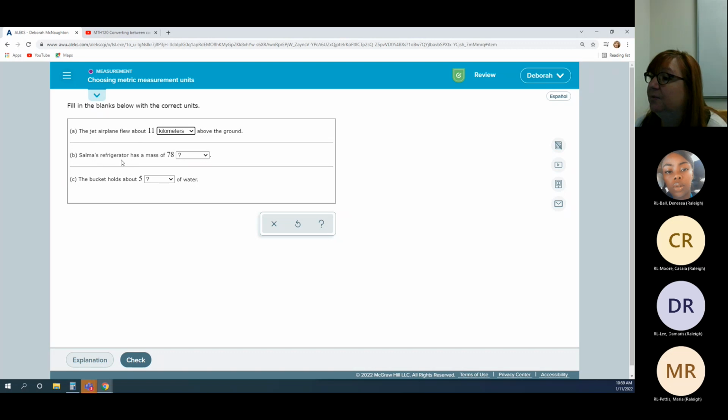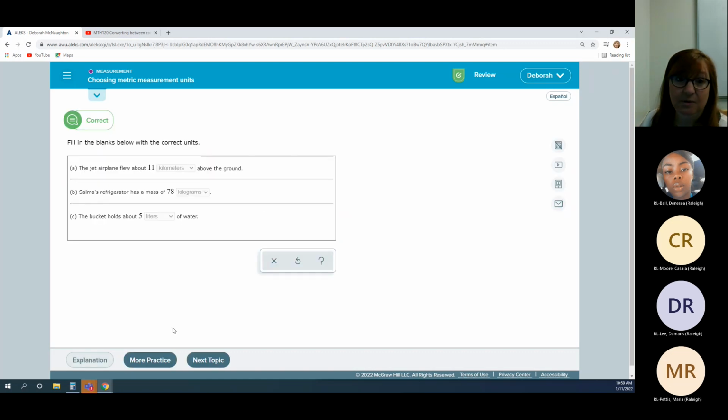And then Salma's refrigerator has a mass of 78. This is a refrigerator. This is really heavy. So this is going to be kilograms, because I would measure it in pounds. And a bucket holds 5, again, milliliters are like drops. So this is going to be liters. So does that help?